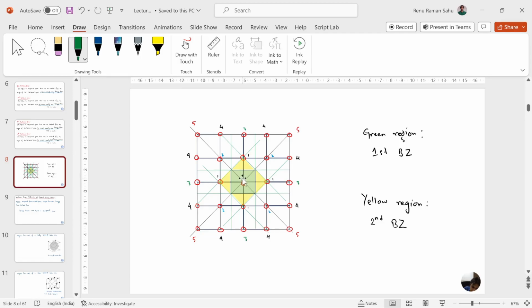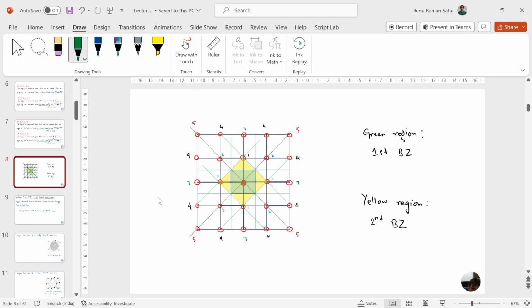Can we say the green region is fragmented? You can think of it as this triangle, this triangle, 2, 3, 4, 5, 6, and these can be overlapped into this triangle.